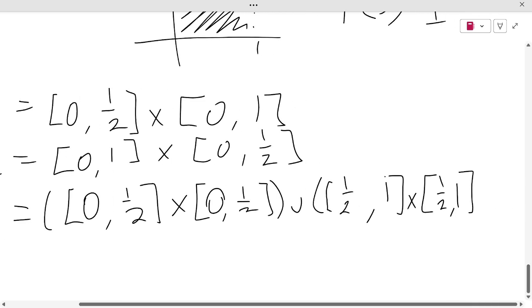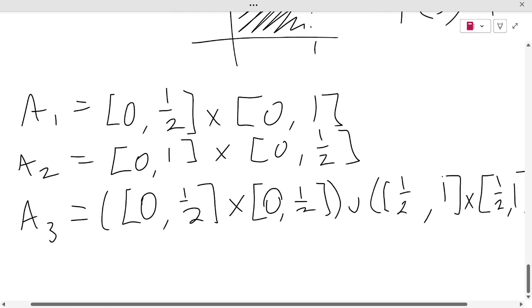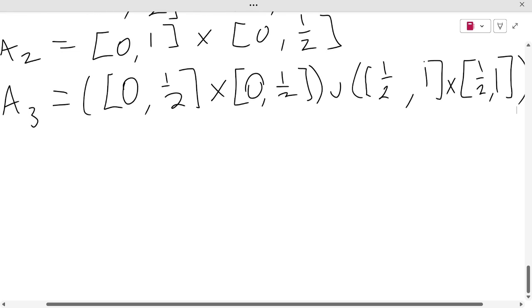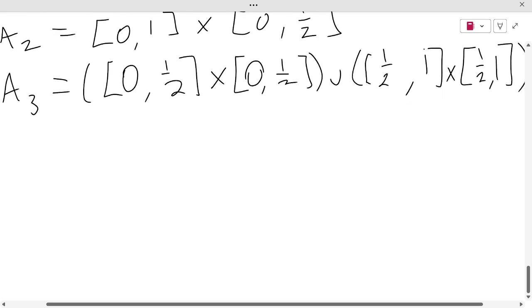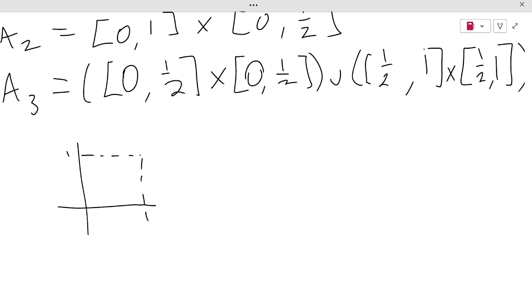Okay, so let's just draw out all three of these regions just so we're on the same page. So this will be A1. Here's our unit square. A1 is this region, the left half of it.